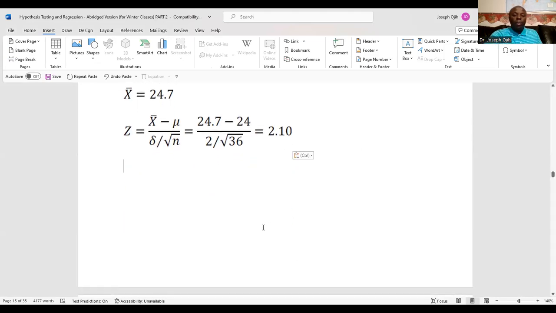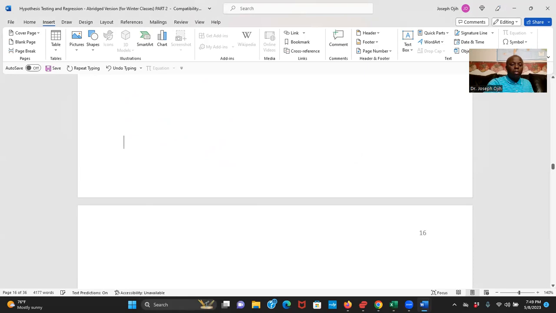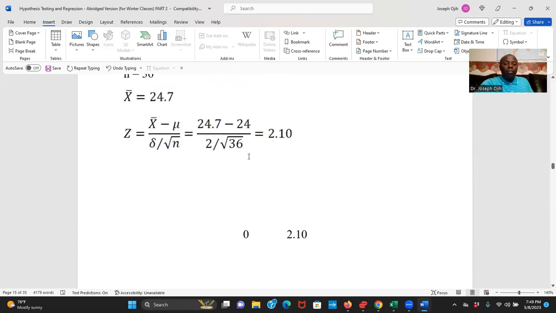So to get the p-value, remember, we need to draw our charts. Okay, where are we? 2.0 should be here, and we have 0 here. Let's say this is 2.10, sorry, 2.10. Now we can put our chart here.